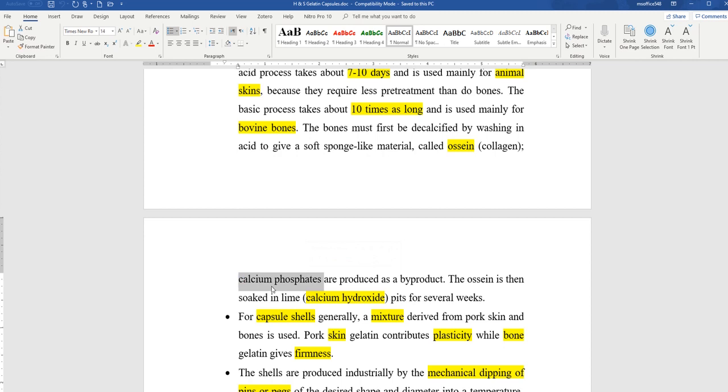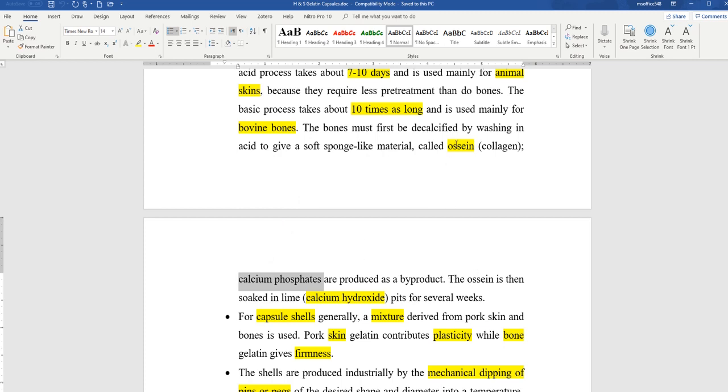Now calcium phosphate can be used also in formulation to be filled inside the hard gelatin capsules. It can be also used in making tablets, so it has uses. It's not that we throw it away. So we can use calcium phosphate, which is a byproduct from the process of removing calcium from the bones.